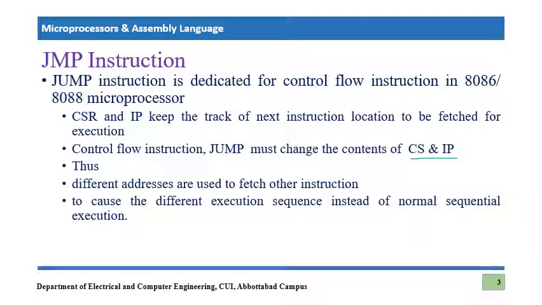To cause a different execution instead of the normal sequential flow, instead of the third instruction we were leading towards instruction number 4. That is a different execution sequence, and we are avoiding the normal sequential flow. That is the magic of changing the content of CS and IP, and that is done by the jump instruction. We're going to see how this instruction works.